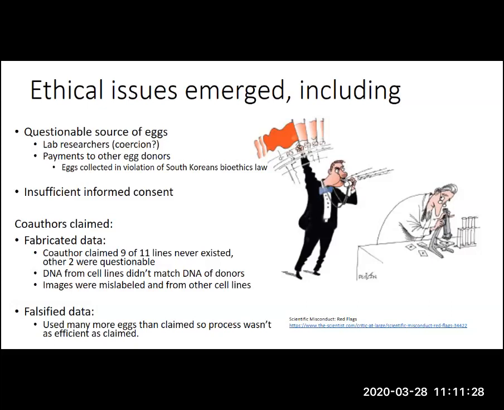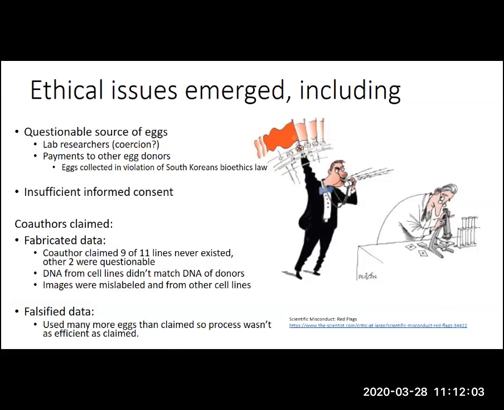So scientific groups started to look at these cell lines, and they determined that the DNA from the cell lines didn't match the DNA of the donors. Again, if this technique was done as they described, these cell lines would be genetically identical to the donors because they would in essence be clones, specialized cells that are cloned from that donor. As they looked into it further, they indicated that some of the images within the paper were mislabeled, or they came from other cell lines from other sources. And so lots of issues with it there.